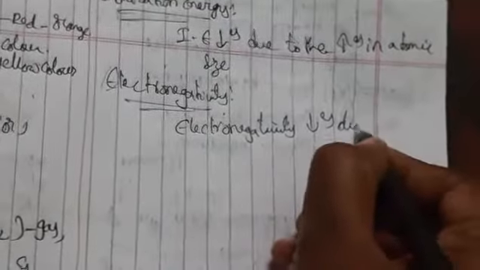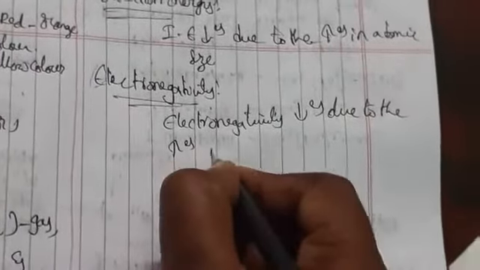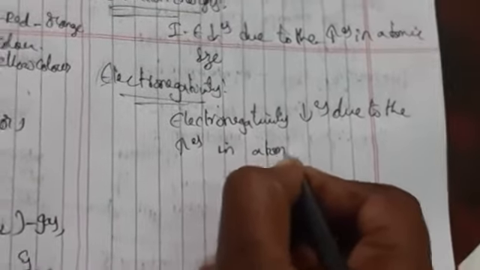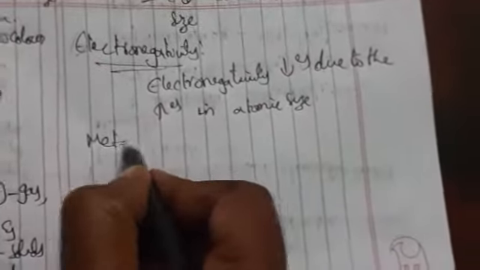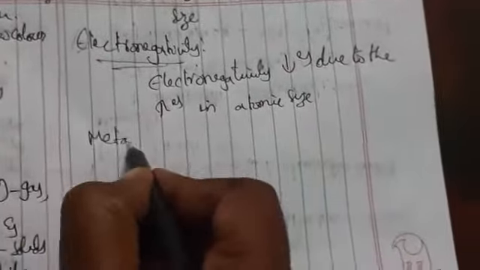Why? Because here also the same reason, due to the increase in atomic size. So this is about electronegativity. And we have metallic character also. Metallic character means, if the compound is a metal, what will happen? The metallic character is nothing but here.